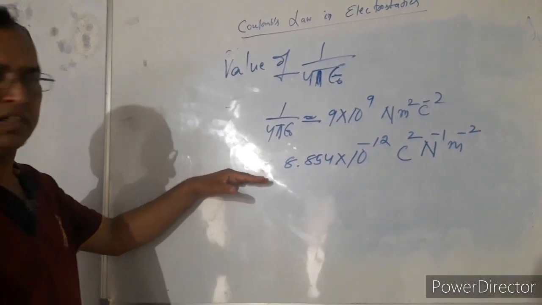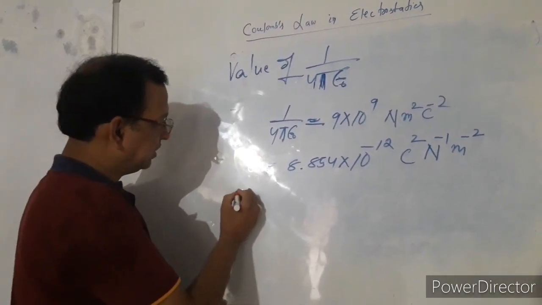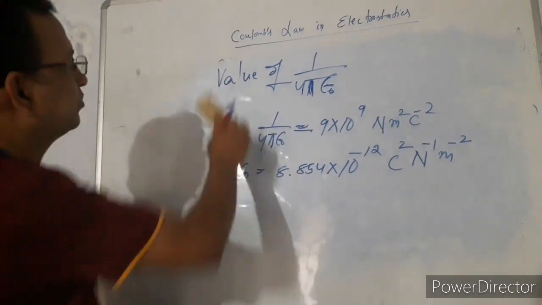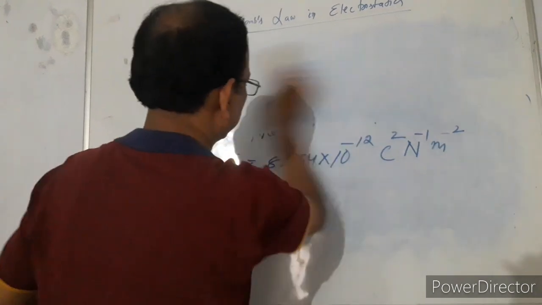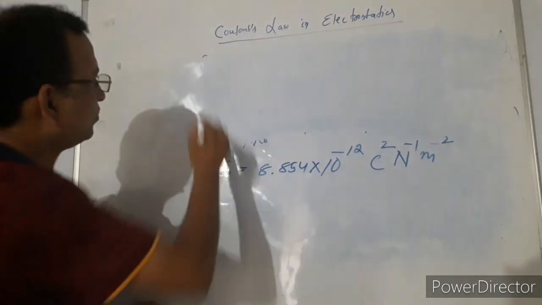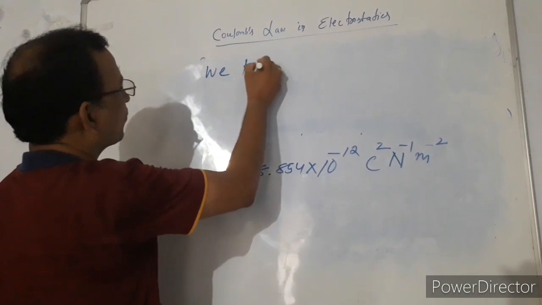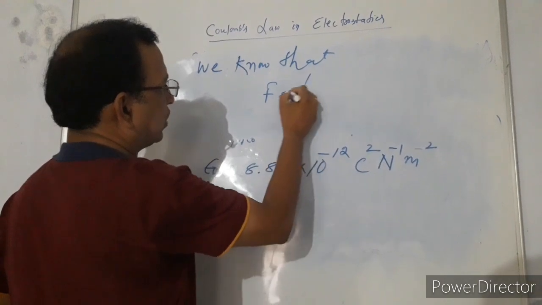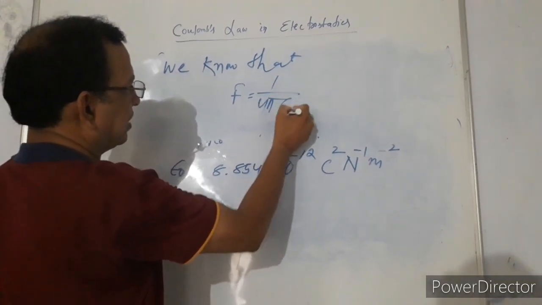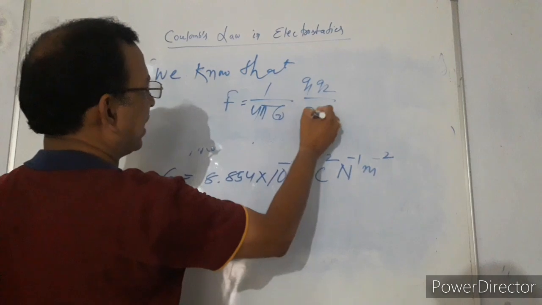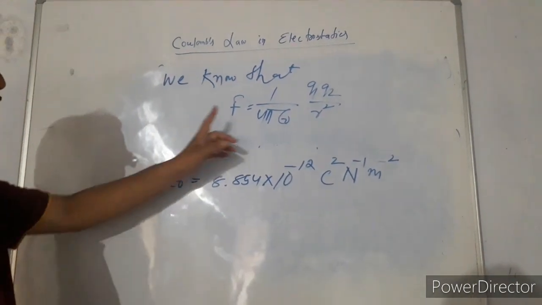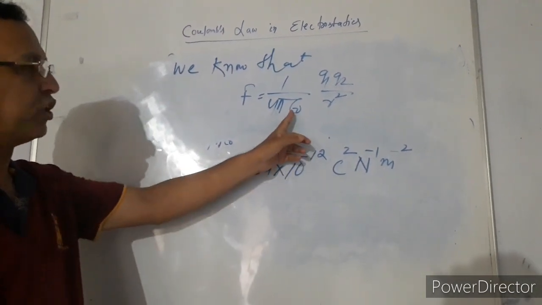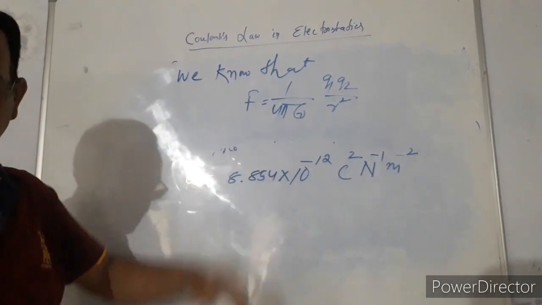What is the unit? We know that F is equal to 1 by 4 pi epsilon naught Q1 Q2 by R square. So from this formula we can determine the unit of epsilon naught.